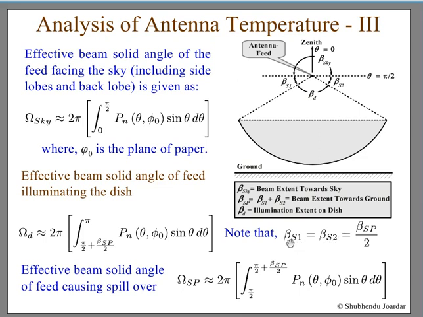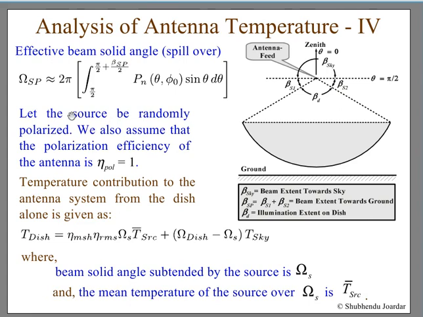Also these two angles are the same, so you can write it as total spillover divided by 2. So the effective beam solid angle of the feed causing spillover will be this one. Only the integration limits are what you set, and the rest are actually the same.